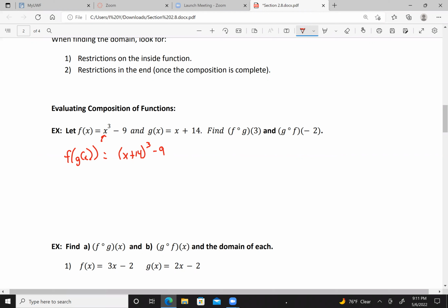Okay, that is the composite of f and g of x. Now, like I said, we can cube x plus 14, but do we really need to? We can just find f of g of 3 by simply going 3 plus 14 cubed minus 9.